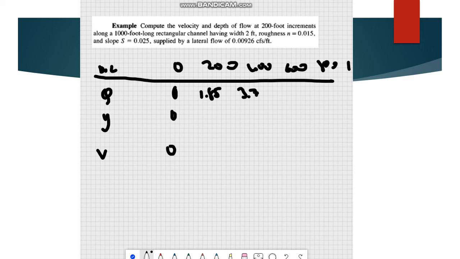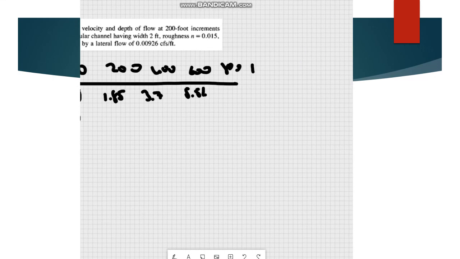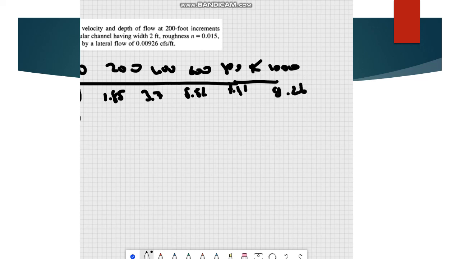When you multiply by 600, 5.56. When it's 800, it's gonna be 7.41, and when it's 1000, it's 9.26.